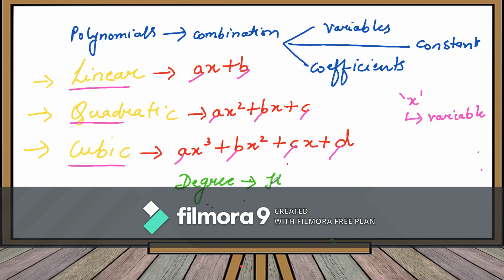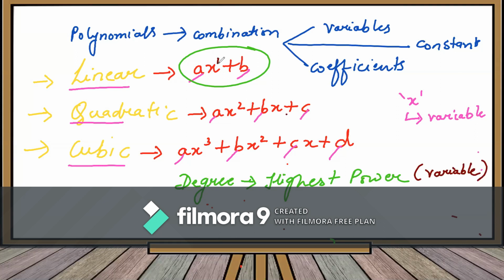Degree is basically the highest power, or you can say the highest exponent. The power will always be of the variable. We have to see the exponent of the variable.